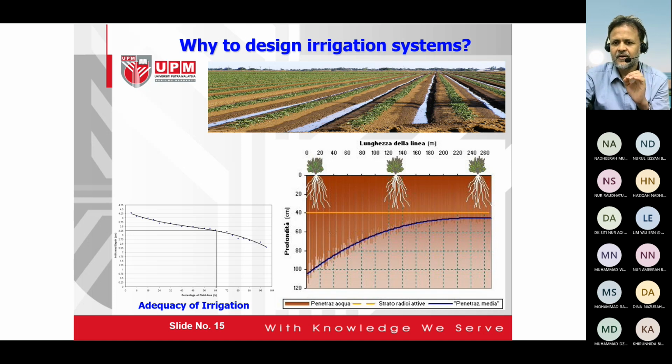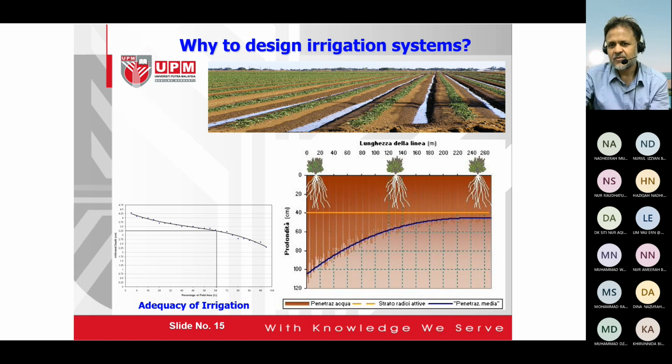It means that if you apply water here for 1 hour, every emitter will take only 2 liters. It will not take more water. Everywhere will be the same. That's why by micro irrigation system you can maintain the constant depth, but with other irrigation systems you cannot do that. Okay, so that's why adequacy is not good in other irrigation systems.